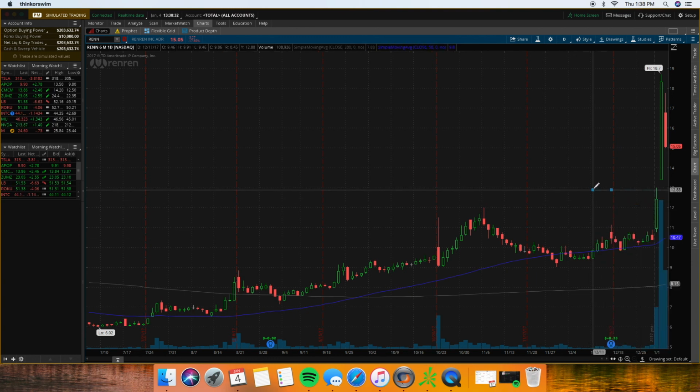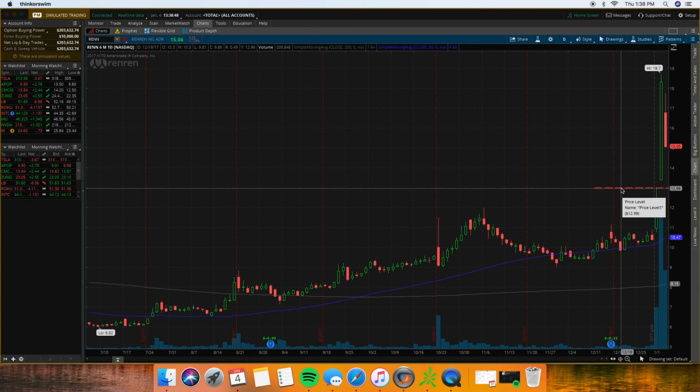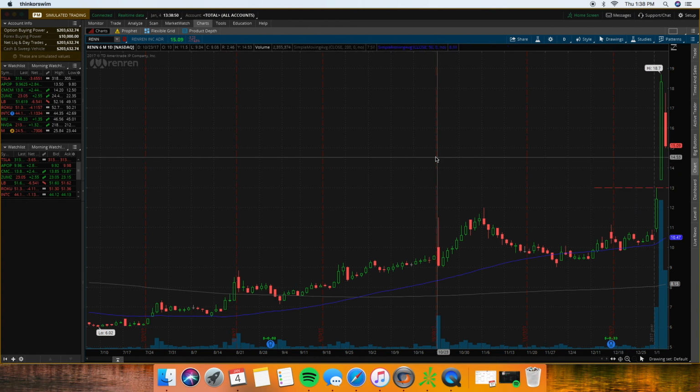Draw a line here. I said if it sells off, it should bounce perhaps here at the whole number of 13. So that's like one of the only places that I was looking for. So if it's gapping up above the resistance here, it has the sky to go to.